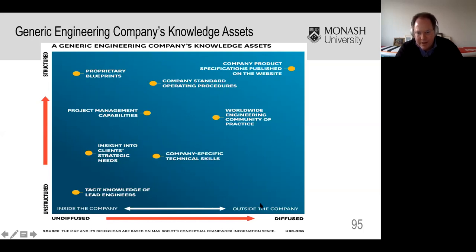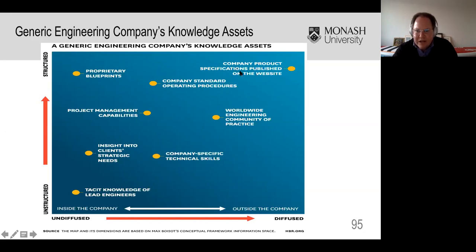And then in the other elements, you can see here insights into client strategic needs, company-specific technical skills, project management capabilities, quite important as well, company standard operating procedures, and then the worldwide engineering community of practice. This is a little bit what I meant: there are knowledge networks and communities of practice that reinforce, and this depends, of course, on how well they're connected.